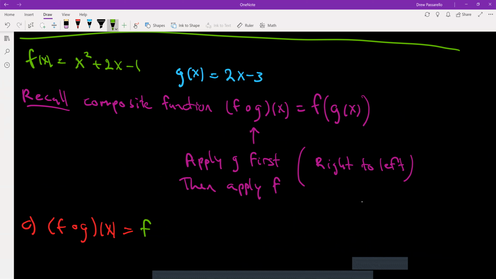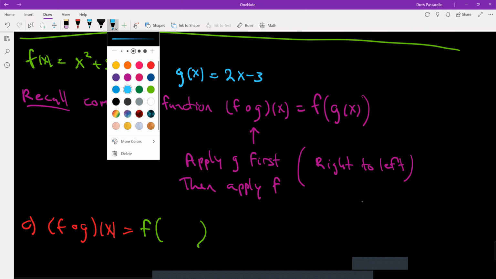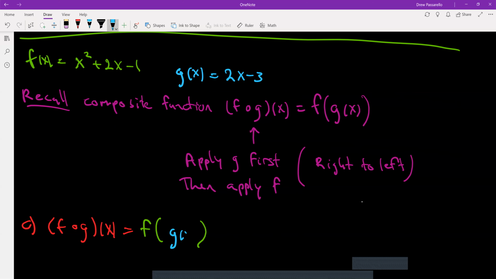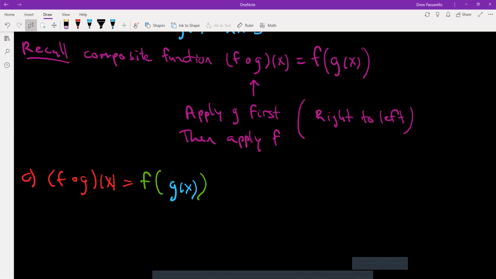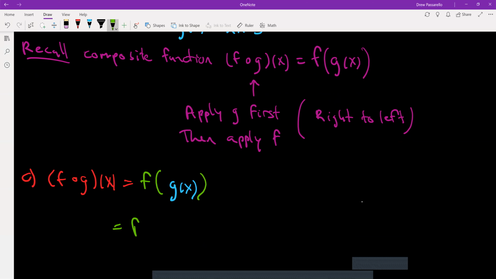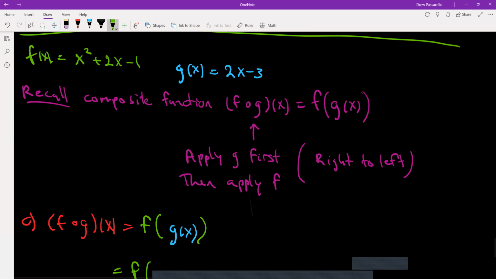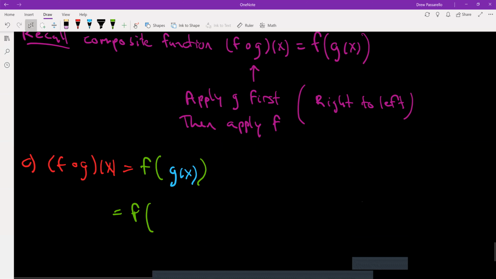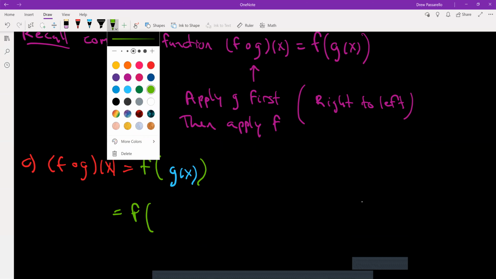That's going to be f of parentheses, and then I plug in what g of x is. And g of x is what I have in blue. All right, so I just substitute in. I apply g first. That's going to equal f, and then parentheses, and then I plug in what g is. G is 2x minus 3.